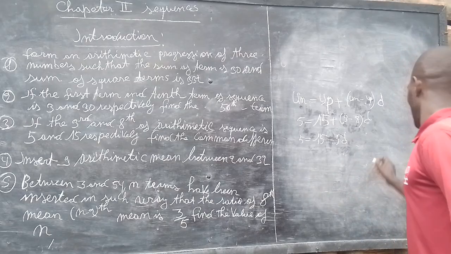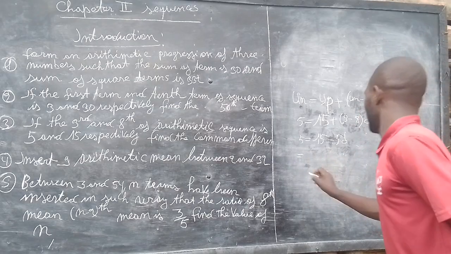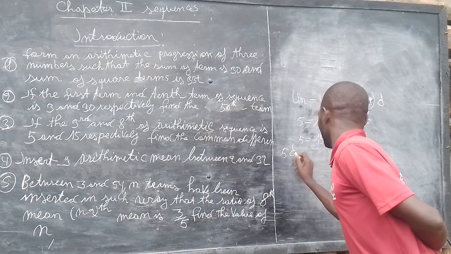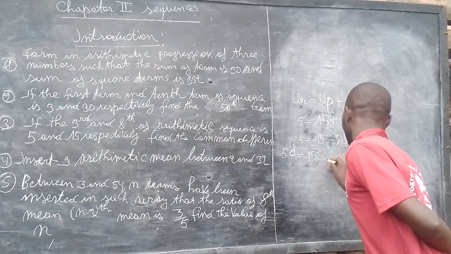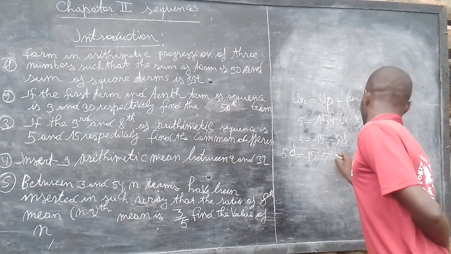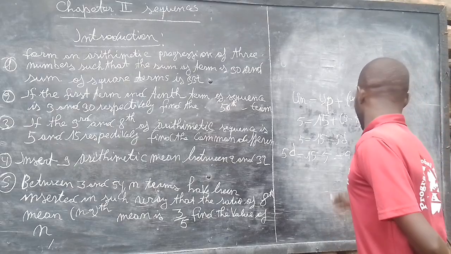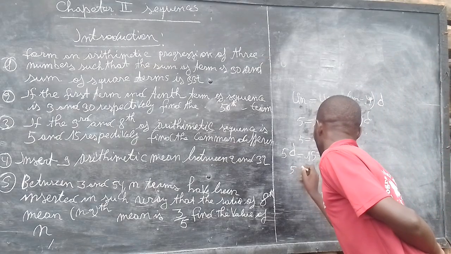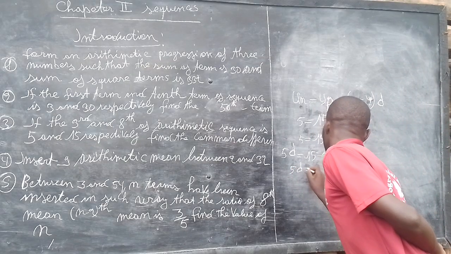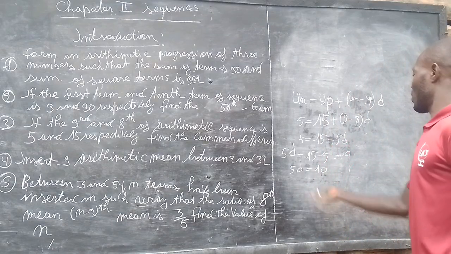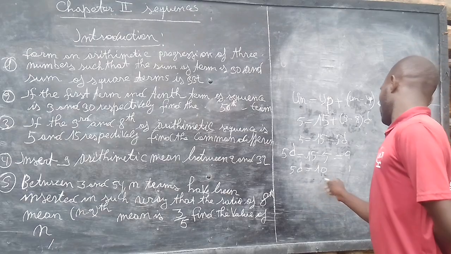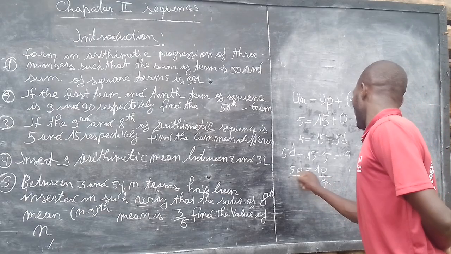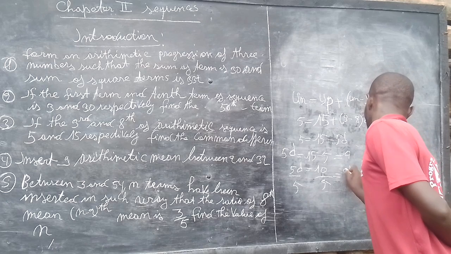So 5d equals 15 minus 5, which is 10. If 5d equals 10, our d will be equal to 2. We divide by 5 on both sides, which gives 2.